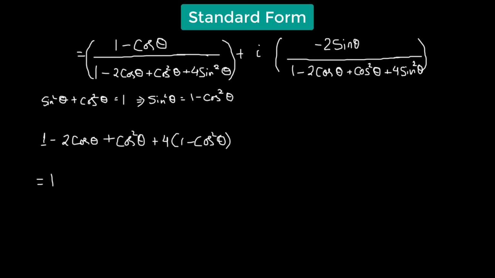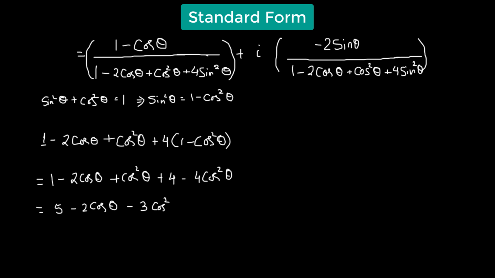That gives us 1 minus 2 cos theta plus cos square theta plus 4 minus 4 times cosine square theta. So 4 added to 1 gives us 5 minus 2 cos theta, and plus cos square theta minus 4 cos square theta will give us negative 3 cosine square theta. So we can also change the denominator to 5 minus 2 cos theta minus 3 cos square theta.